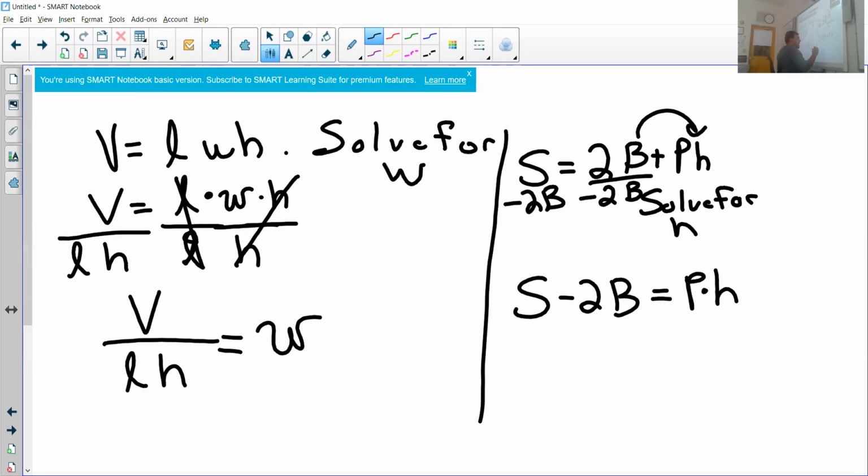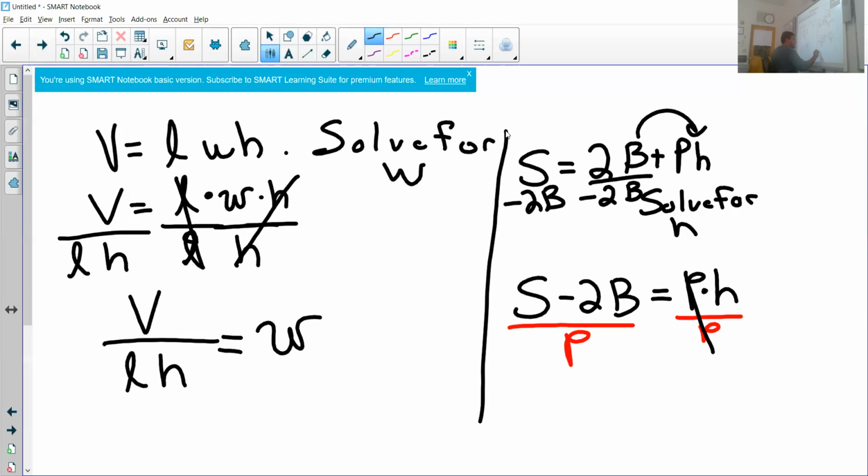Now that's P times H. So we're going to divide by P on both sides. Now here's the thing. I don't have actual numbers here. Like I don't have numbers I could actually reduce. They're all variables. So because of that, I'm going to rewrite my answer not as two separate fractions, but as one big fraction.